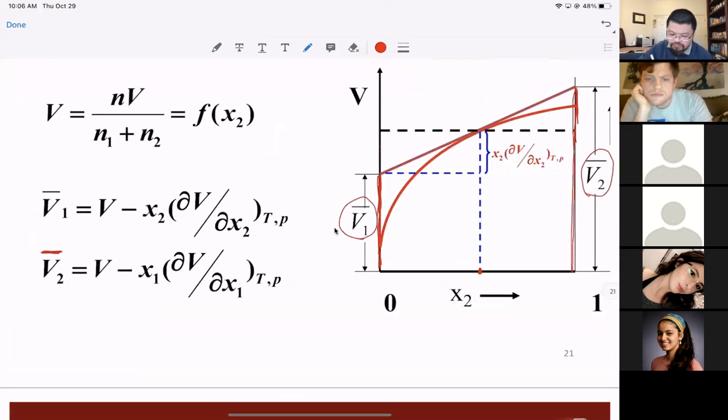This is because if, for example, I'm changing from this condition, this is x2 prime, I'm having a different mixture, then you are going to change the slope. Well, that's a bad one. Let's pretend this is the one.